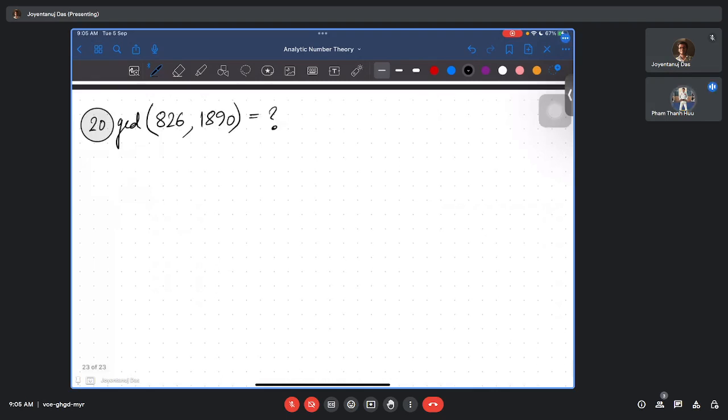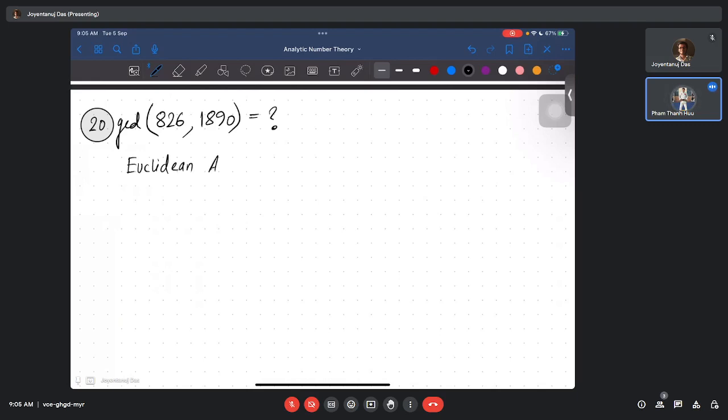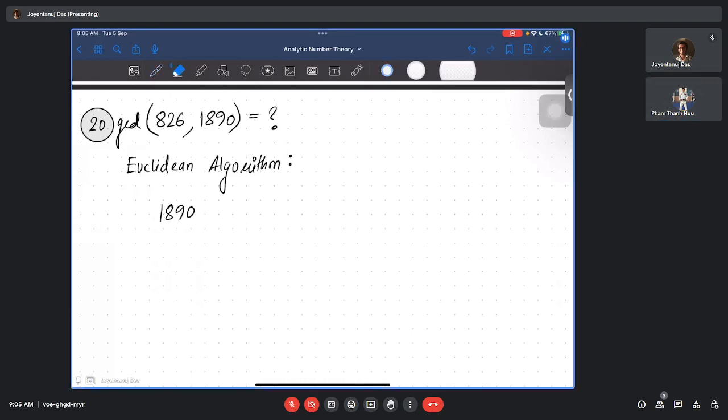Tell me. We first divide 1890 by 826 and find the quotient and the remainder, right?